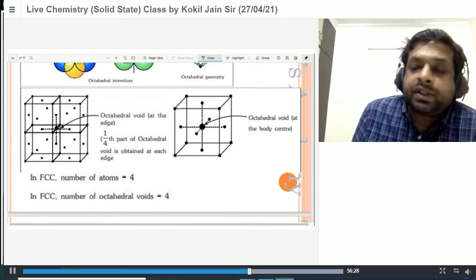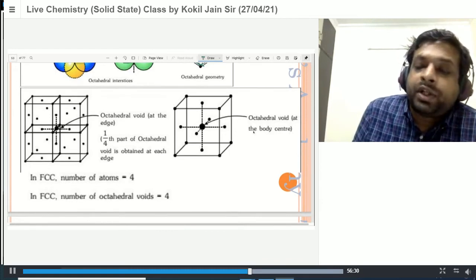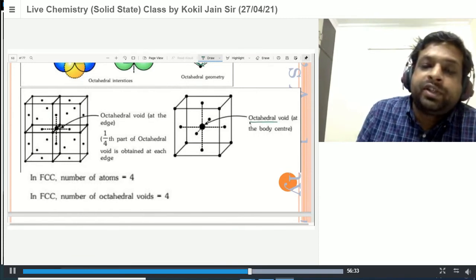Now you can see here, the first one is the octahedral void. You need 6 solid spheres surrounding it.